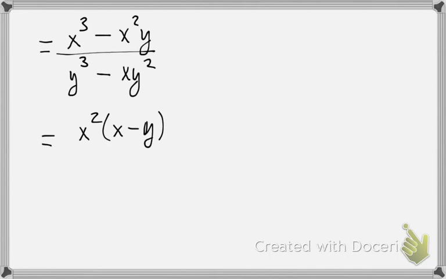Now, the numerator was written in descending order for x, right? Is the denominator written in descending order for x? No, that would be negative x y squared plus y cubed if I wrote it in descending order for x. You guys agree? Yep.